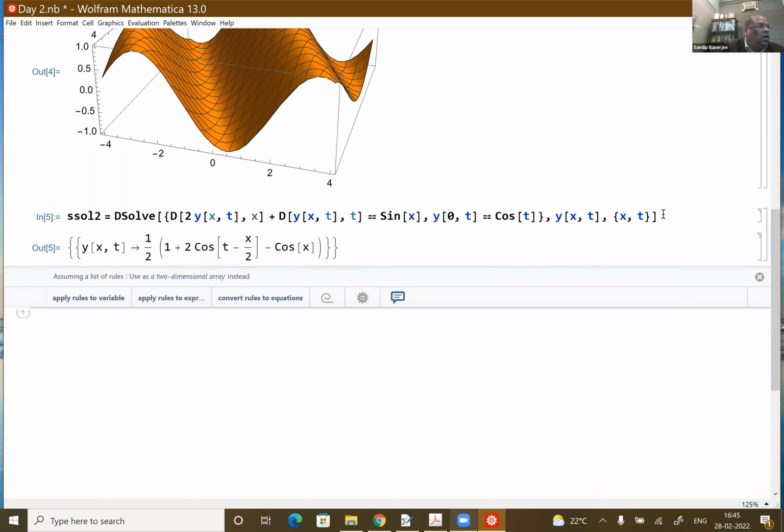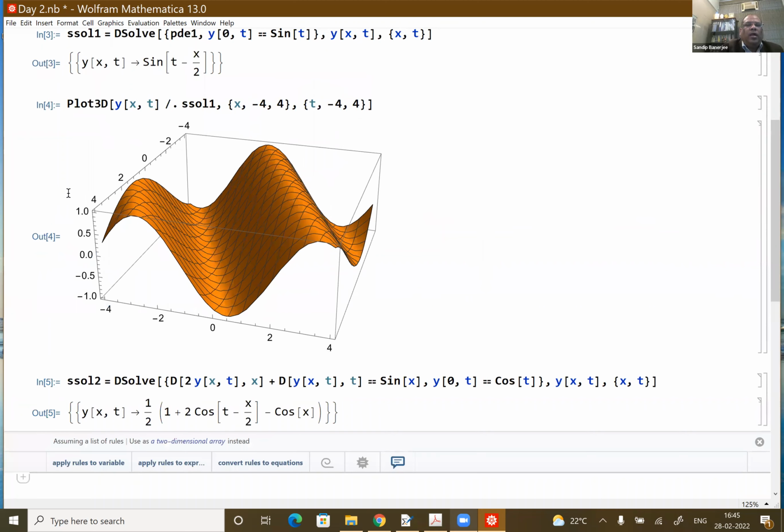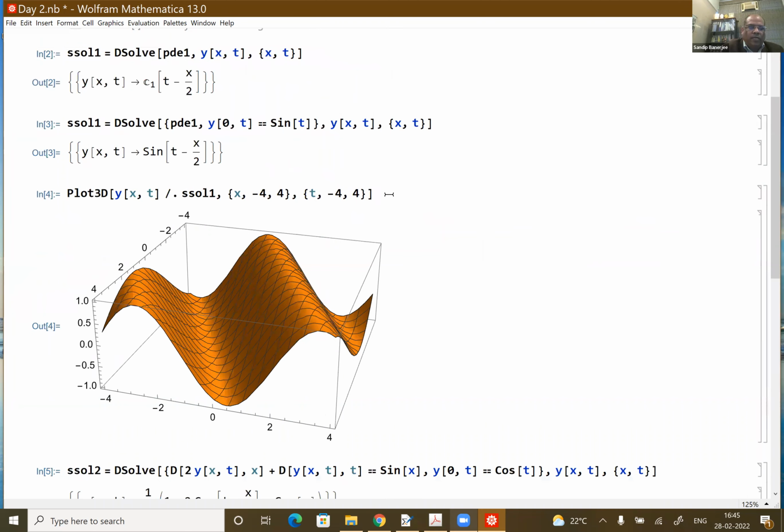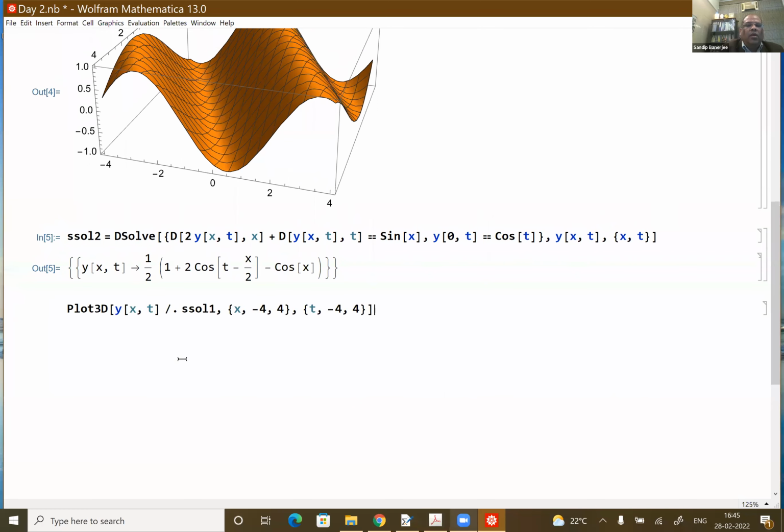Now we'll use Plot3D. Now it will be solution 2. So it's the same symbol y. I'm plotting this y[x, t]. From where will I get y[x, t]? From here.